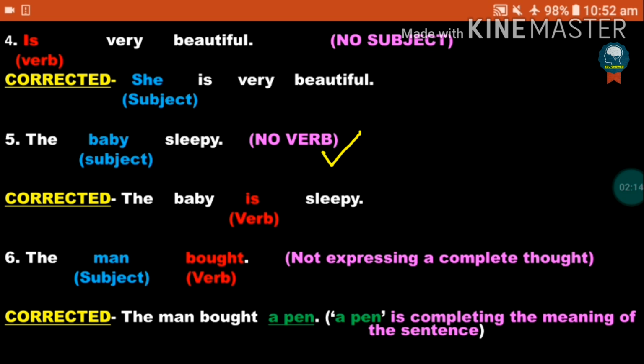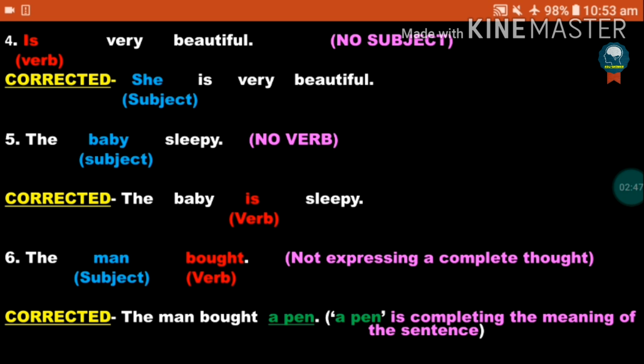For this reason we cannot call this example a sentence. Now if we try to make it a sentence, we will have to add a verb here. And if we add the verb is after the subject, the baby, then the example becomes the baby is sleepy. Now we can call this example a sentence because the missing verb is added.